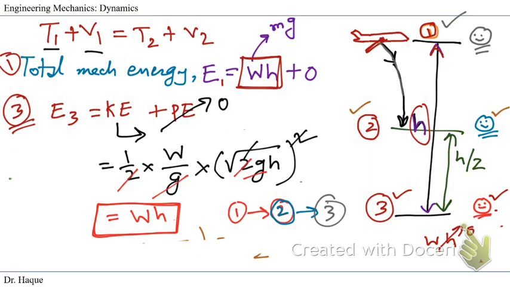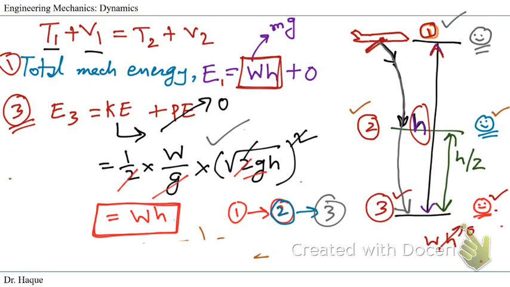He falls down from the plane to the ground, all his potential energy is converted to kinetic energy, and at the ground the potential energy is 0, but the total sum is always WH for this system. So this is how we conserve the energy, by converting potential energy into kinetic energy. This is the example for conservation of energy, and that was our goal for today.